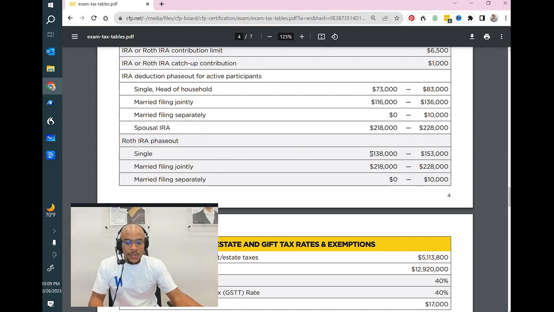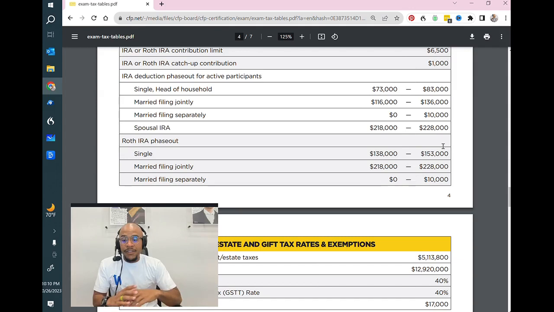If they are single, then there is a range that's listed on the sheet from $138,000 to $153,000. This is referring to this person's modified adjusted gross income, a tax term that we've covered in previous episodes. But essentially what they're saying is if this person earns within the range of $138,000 to $153,000 in adjusted gross income, then the amount that they can contribute to a Roth IRA is reduced.